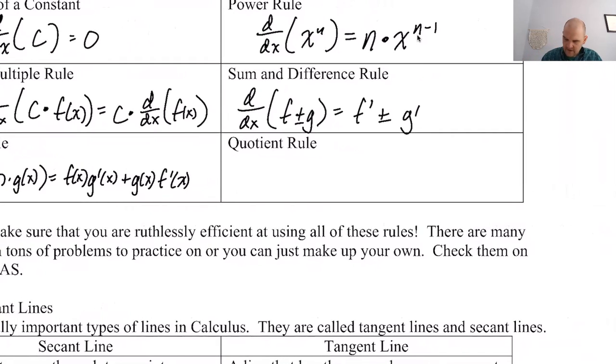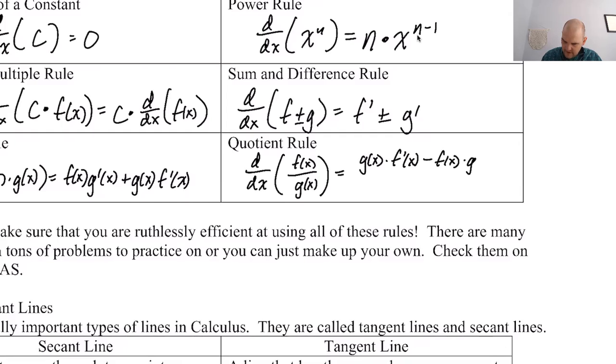Quotient rule is going to look like this. The derivative of, let's say, f of x over g of x is going to be the bottom times the derivative of the top minus the top times the derivative of the bottom, and then all over the bottom squared.